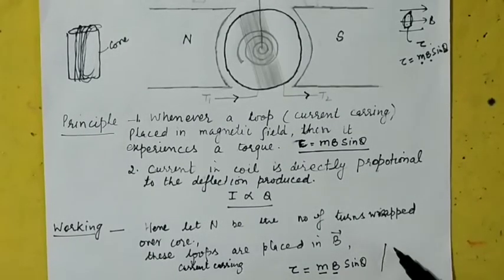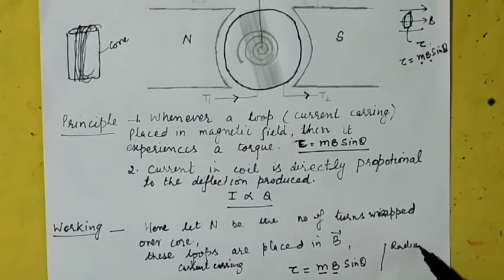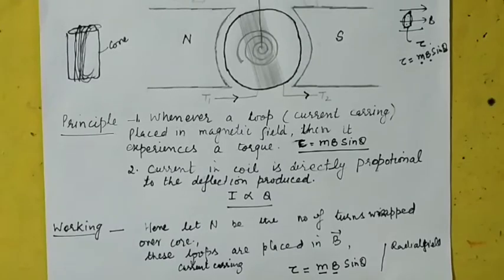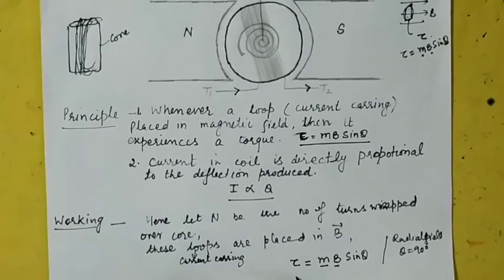I have chosen the radial field. Because of this radial field, the magnetic field is always perpendicular to the magnetic dipole moment. So the angle theta is 90 degrees, and our torque becomes MB.